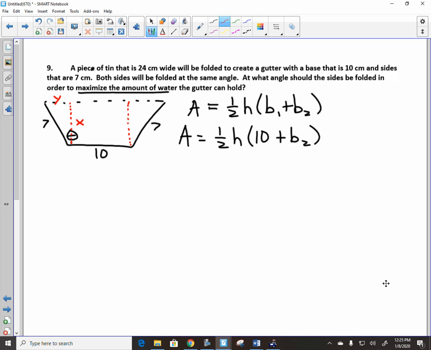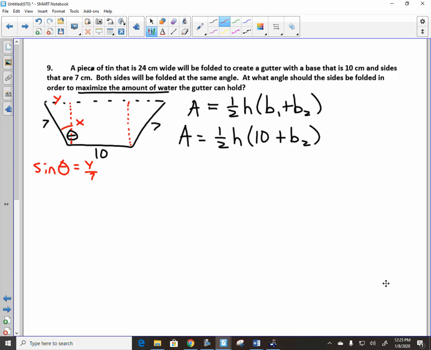Can somebody give me a trigonometric expression that involves theta? We'll say theta is going to be that angle right here. That angle of the triangle, we'll call that theta instead of the whole part there. Can somebody give me a trig expression that involves theta and 7 and y? Sine of theta is y over 7.